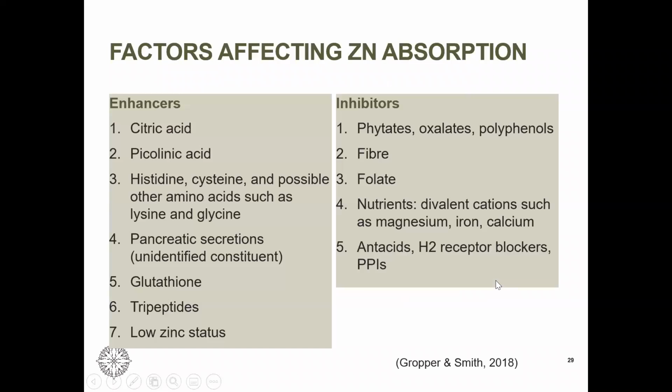Okay, folate is listed there. Why is it an inhibitor? My understanding is that, remember, when folate is getting converted to the monoglutamate form at the brush border, we need conjugases, and those conjugases are zinc dependent.